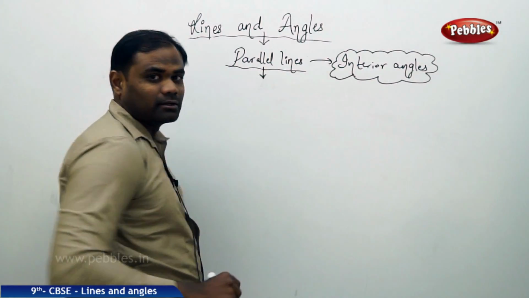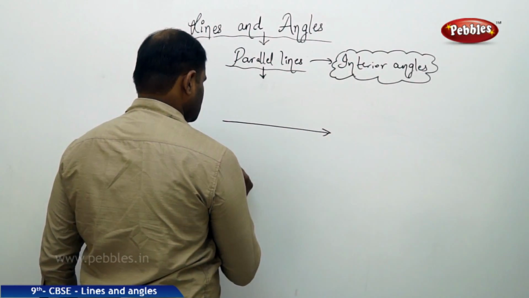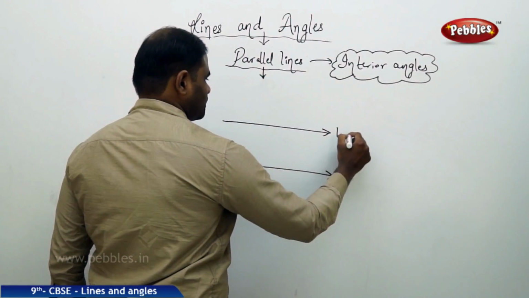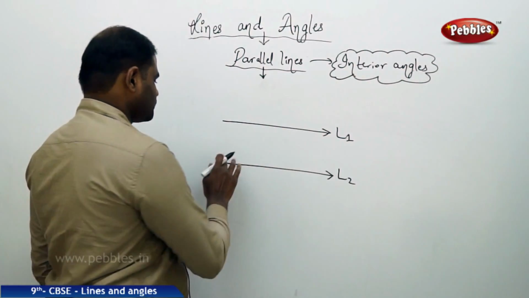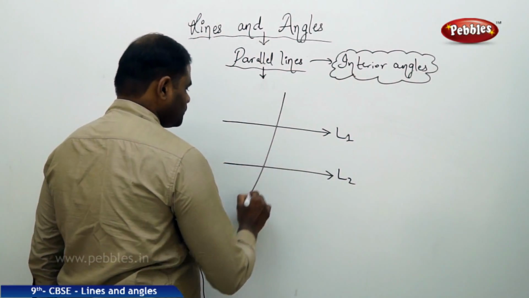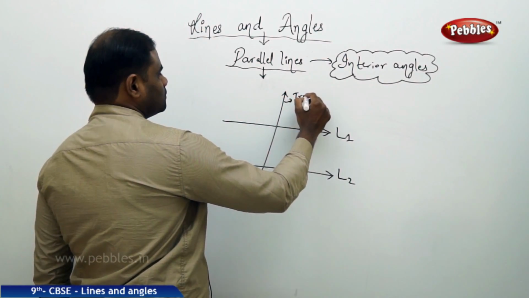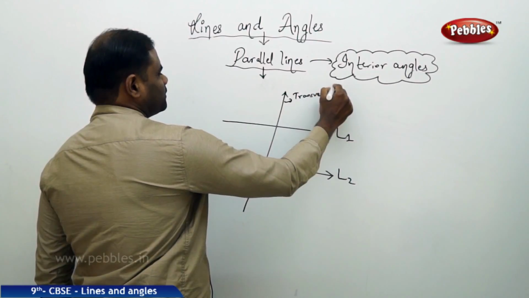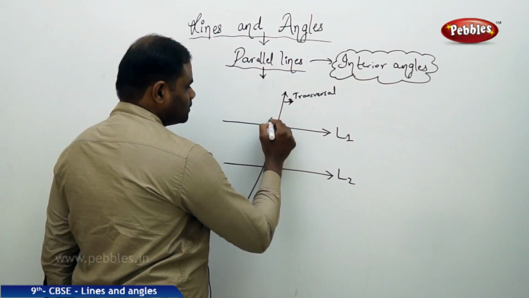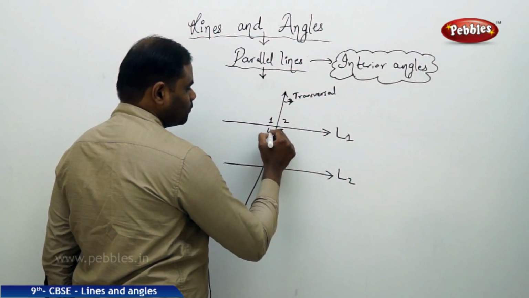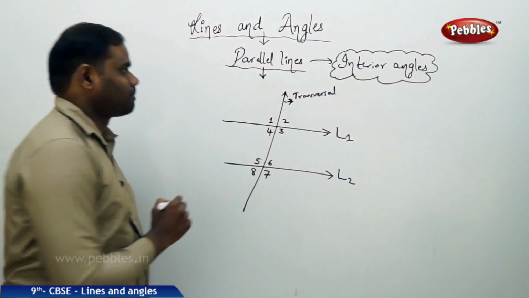So let me take two parallel lines L1 and L2. And let me have a transversal which cuts the lines L1 and L2, thus making 4 angles here. 1, 2, 3, 4, 5, 6, 7, 8.